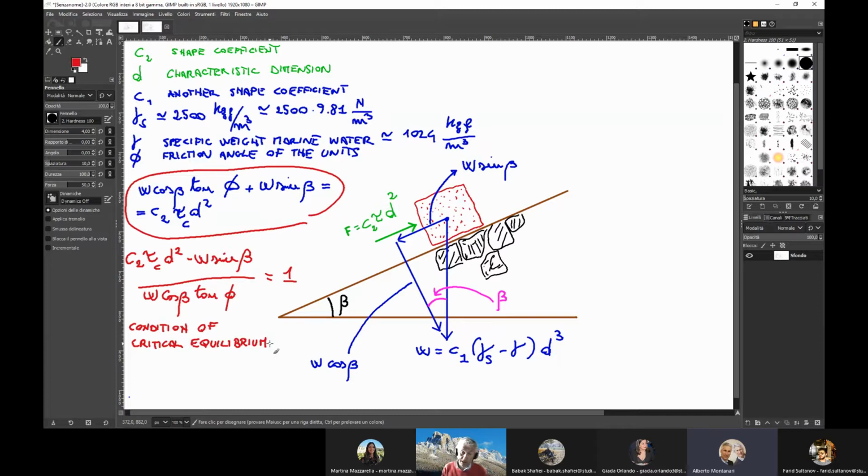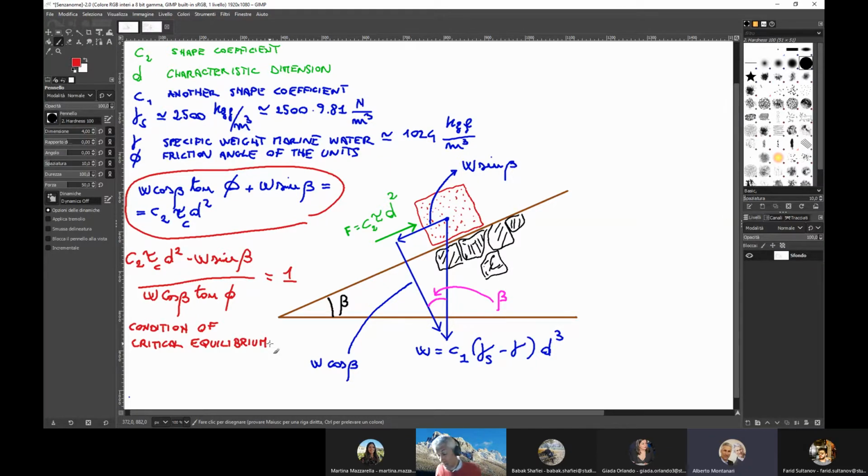You have two destabilizing forces, the green one and W sin beta, and only one stabilizing force, which is given by friction. So it is a very elementary change that you have to make to study the rundown.